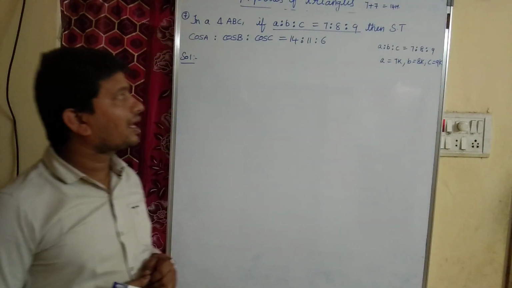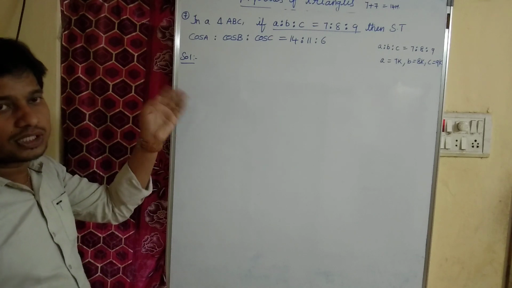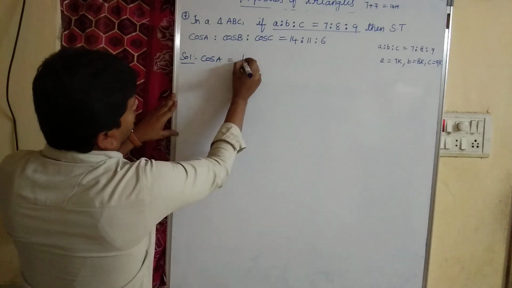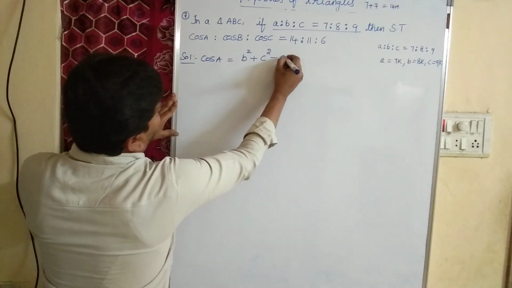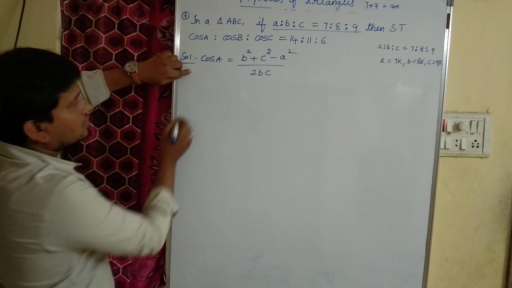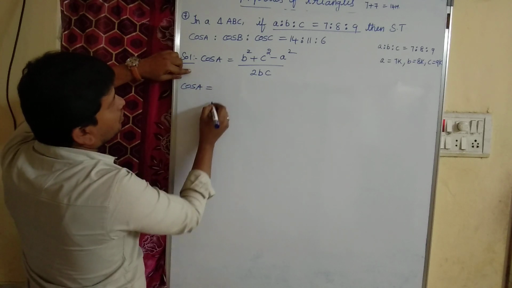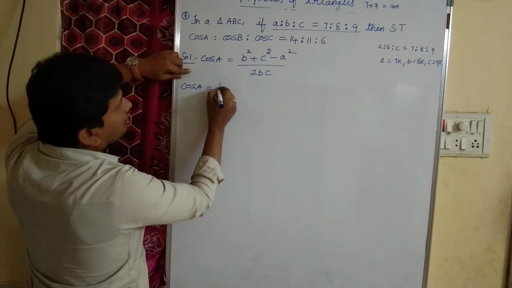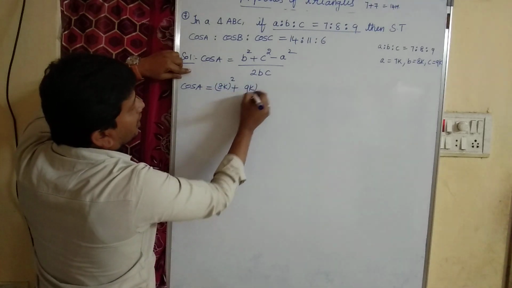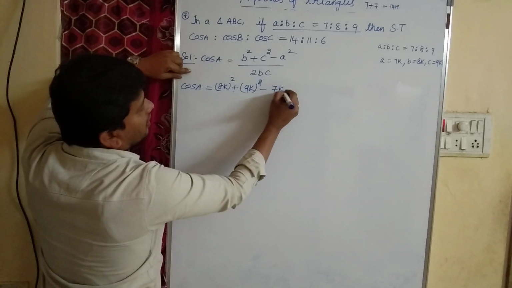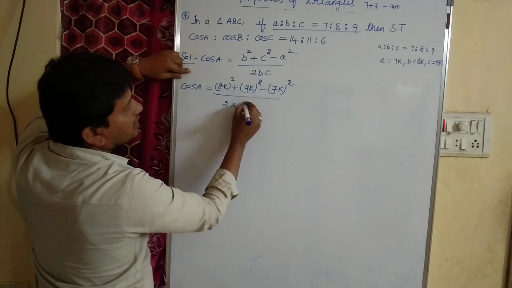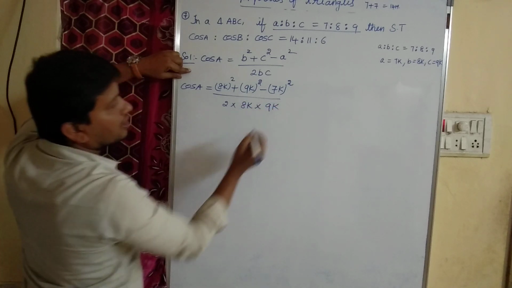First of all, they are asking to find the ratio of cos A, cos B, cos C. We know the formula for cos A is equal to (b square plus c square minus a square) by 2bc. So cos A equals, as b value is 8k whole square, c value is 9k whole square, a value is 7k whole square, by 2 into b value 8k and c value 9k.